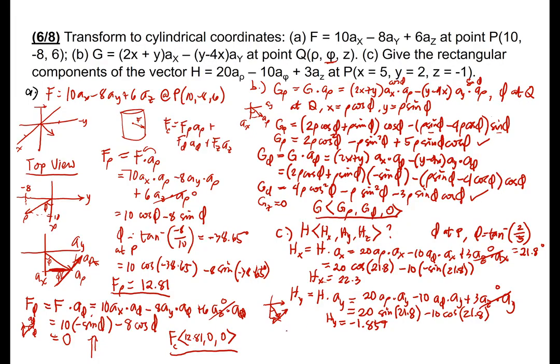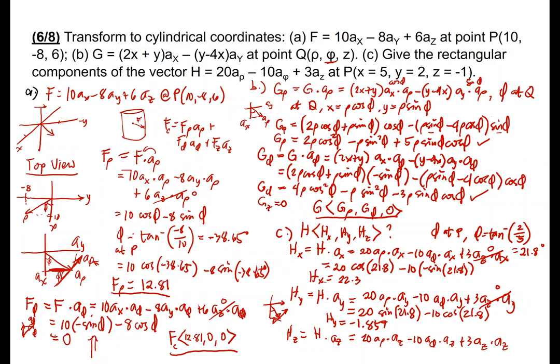Now how about hz? You just multiply h with az. Since there is az there, the rest is 0 except, I'll just write a rho dot az minus 10 ap dot az plus 3 az dot az.